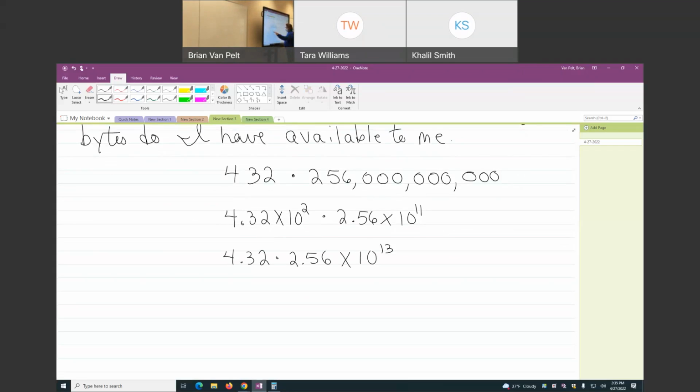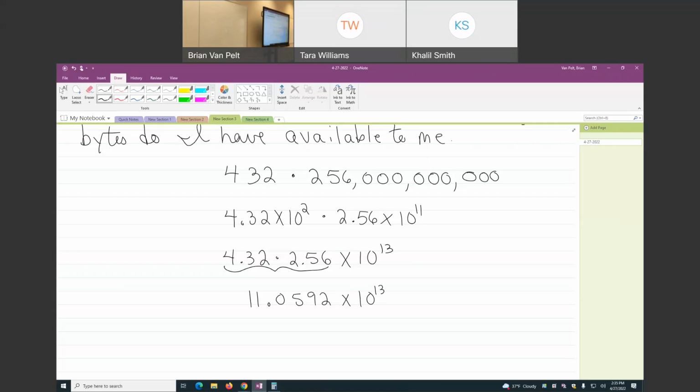Now you are responsible for this relatively small number. That's quite easy to do on a calculator. Your calculator doesn't run out of steam. That number there was 11.0592. It's not quite what your calculator gave you if it did it.